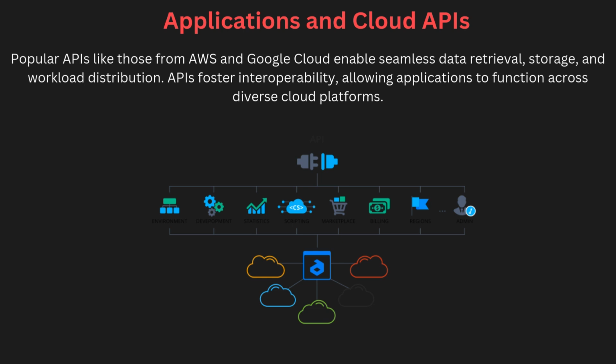These APIs enable developers to integrate cloud functionalities seamlessly into their applications, fostering innovation and enhancing the user experience. APIs also facilitate interoperability, allowing applications to interact across diverse cloud platforms.